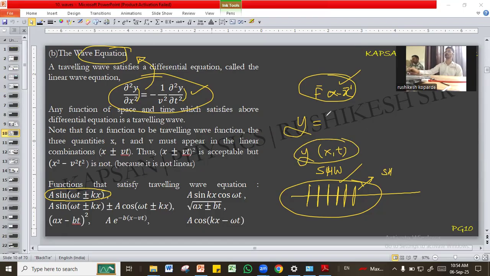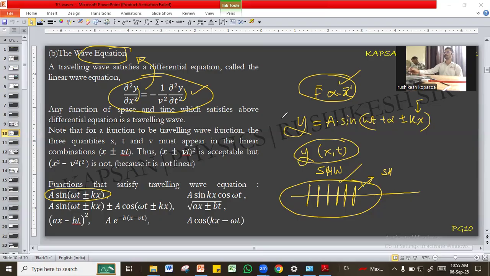The very special wave function is y is equal to A sine omega t plus alpha plus or minus kx. Why this x term? Because oscillations are not only present at one location, they are present at all the locations. We need this x also.